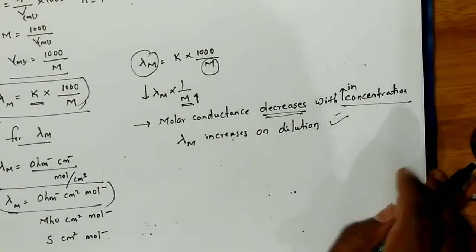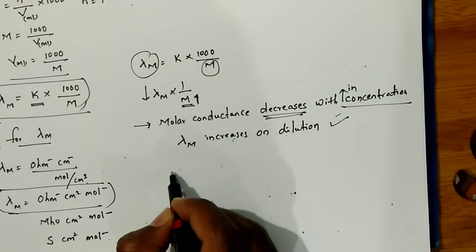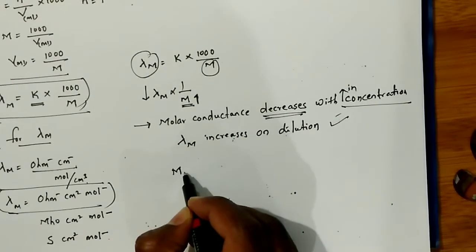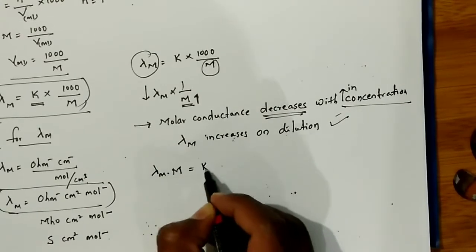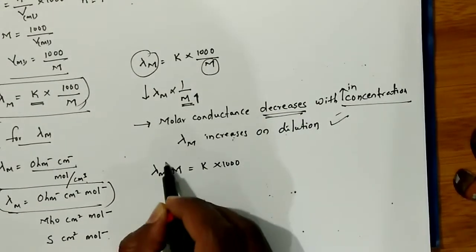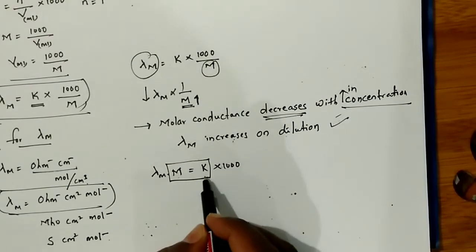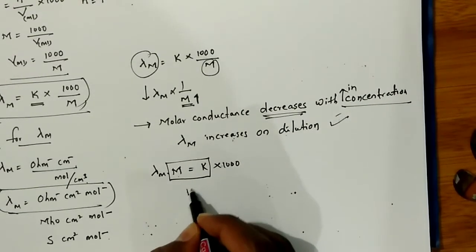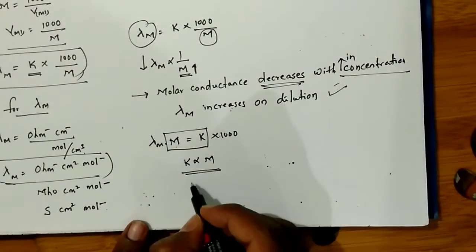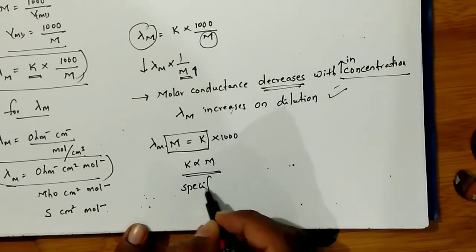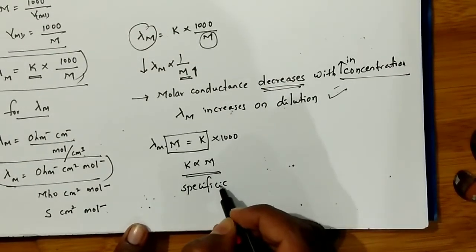Is it clear? Now from this same relation, shall I write molar conductance into molarity equals specific conductance into 1000. So what is the relation between concentration and specific conductance? Directly proportional. So specific conductance increases with increase in concentration.